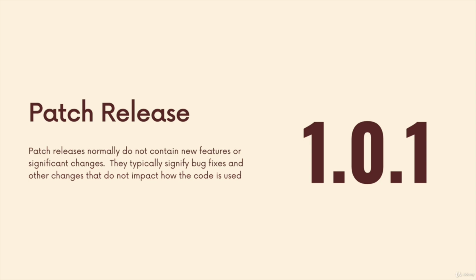So if people are already using 1.0.0 and they're comfortable with it, if you release 1.0.1, that's a patch, and you shouldn't change anything that those people are using. You shouldn't surprise people or break anything that they're doing. So patches are small and they happen pretty frequently. So that's what this number indicates here, right? And you increment that by 1 for every patch. So there could be another patch, and it would be 1.0.2.